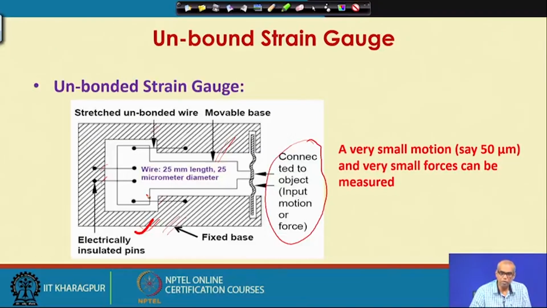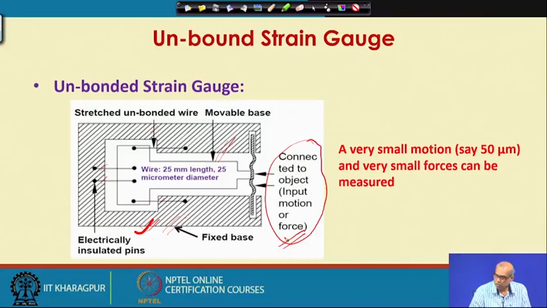So, now the wires will be differently loaded. So, the bridge will no more be balanced, there will be an unbalanced current in the circuit and the output voltage will be a measure of the strain in the object.